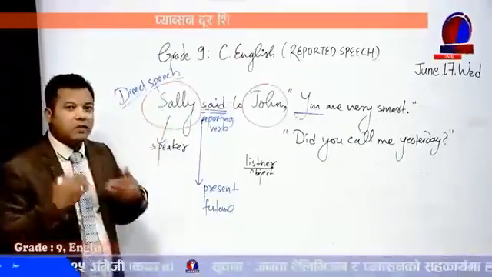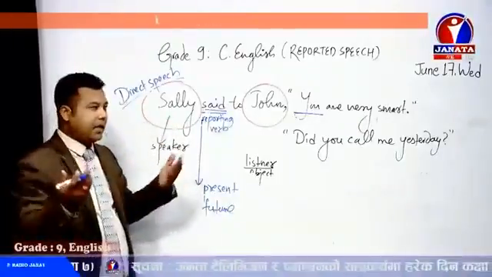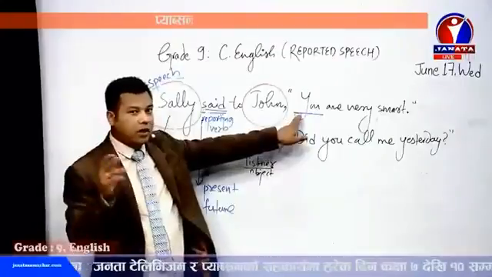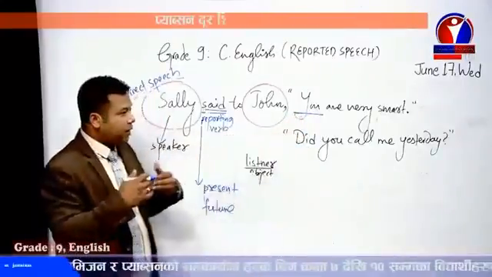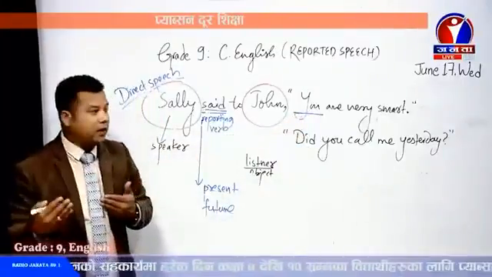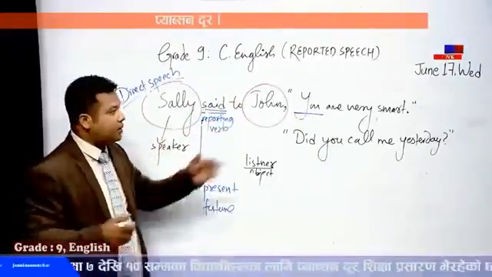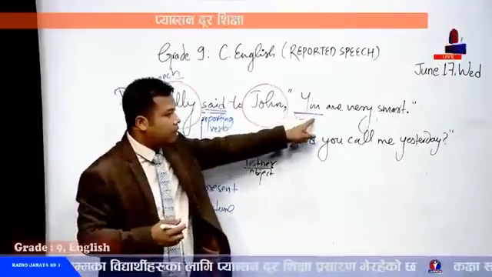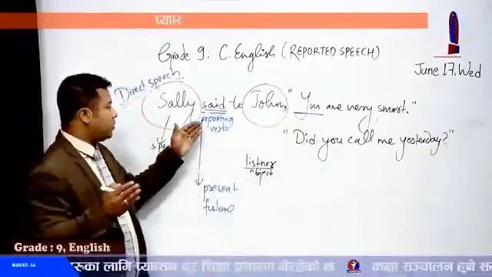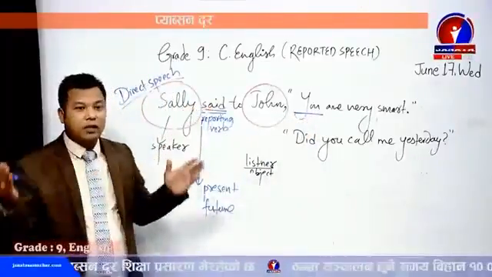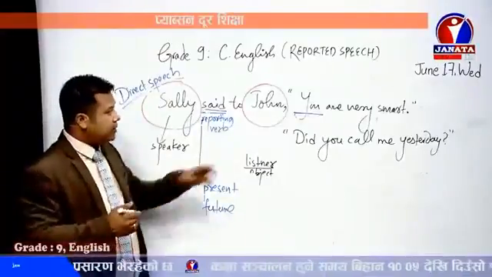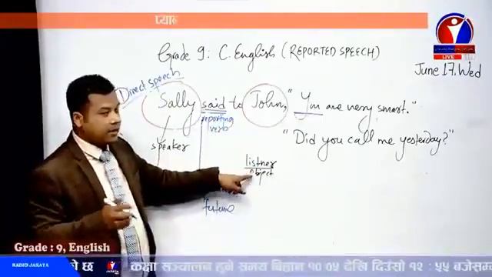Sometimes Sally can speak to herself, like "Sally said, I am smart," rather than telling John, "You're very smart." Or "Sally said, the weather is perfect today." In that case, we will not have a listener as an object.